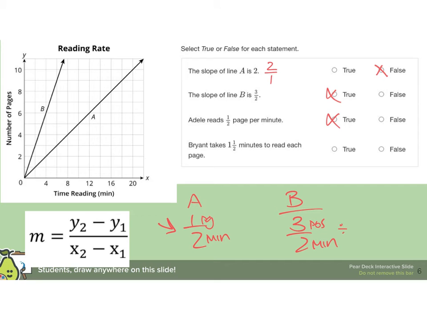So I'm going to divide this by 2. Okay, so now this is 1 minute. And this is 1.5 pages because 3 over 2 is what I would get. And that's 1.5.